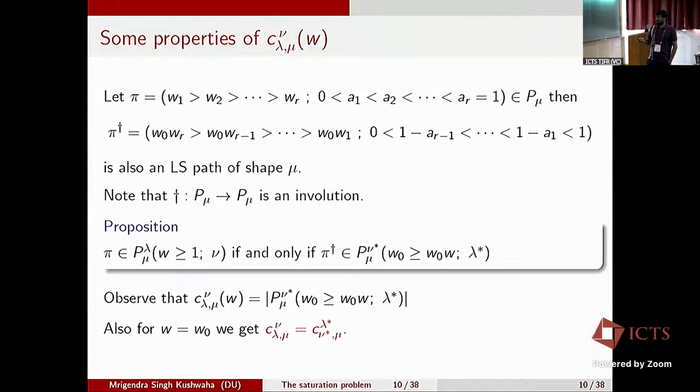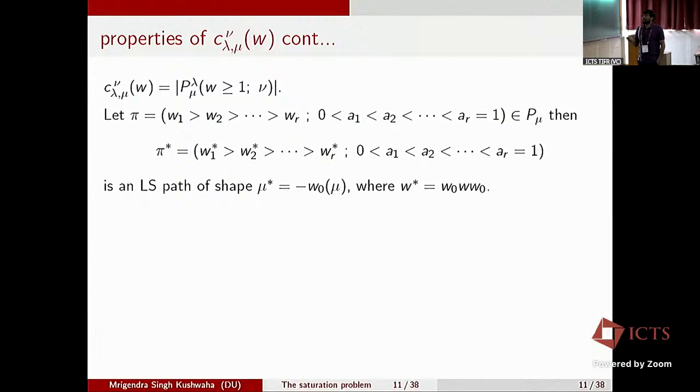There is no condition on the initial direction, but the final direction will be bigger than W naught W, and nu star plus pi dagger 1 is equal to lambda star. It ends at lambda star. So these two have the same cardinality. So instead of counting this, I can count this also, and that will give one characterization of the counting of this tensor product multiplicity C lambda mu W. And if I put W equal to W naught, then note that this inequality gives the full tensor product, which we already know.